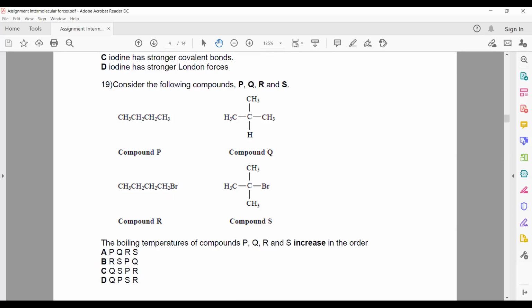So for question 19, the boiling temperature of compounds P, Q, R, and S increases in the order. First thing, all have four carbons, but these have bromine, so they have dipole force.